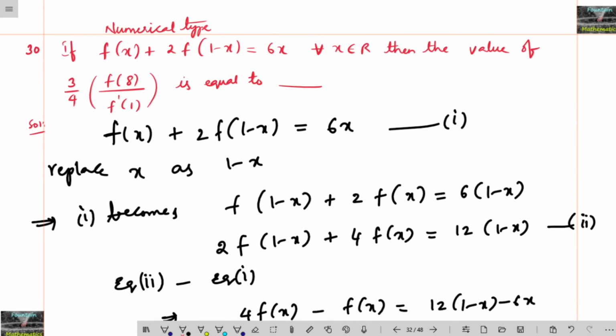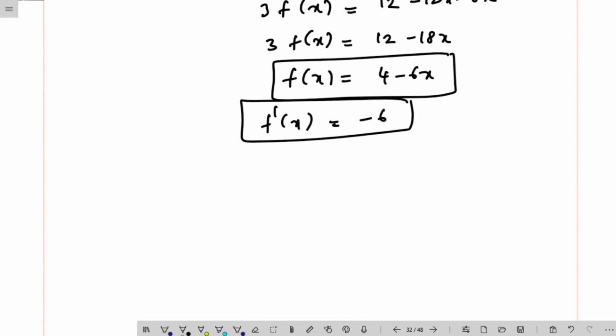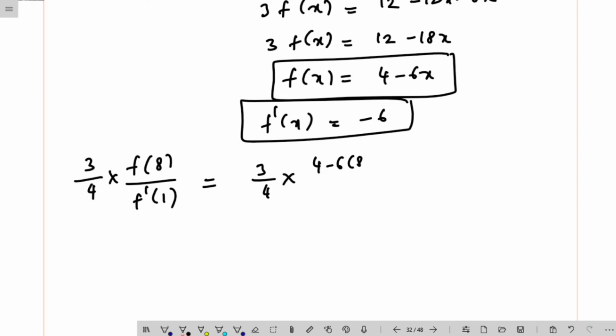Now according to the question, 3 upon 4 times f of 8 divided by f dash of 1, which equals 3 upon 4 into f of 8 is 4 minus 6 into 8, divided by f dash of 1 is minus 6, it's a constant.